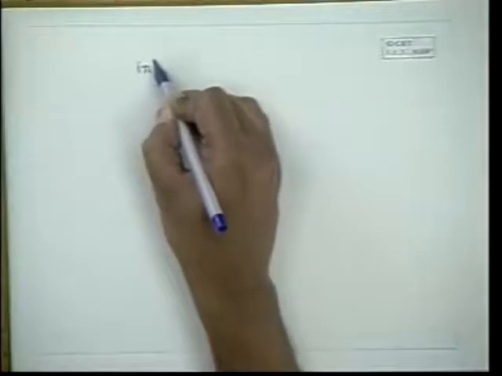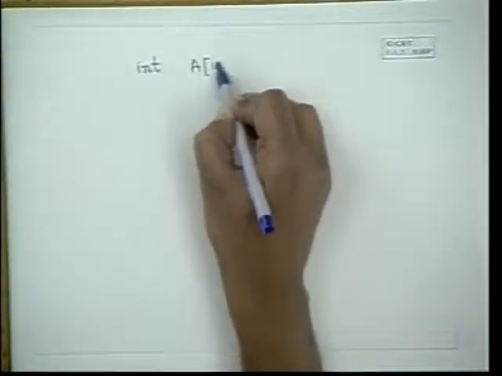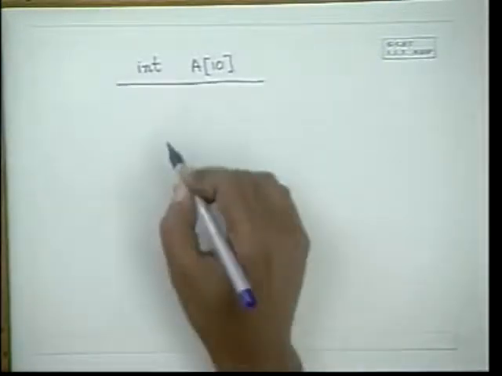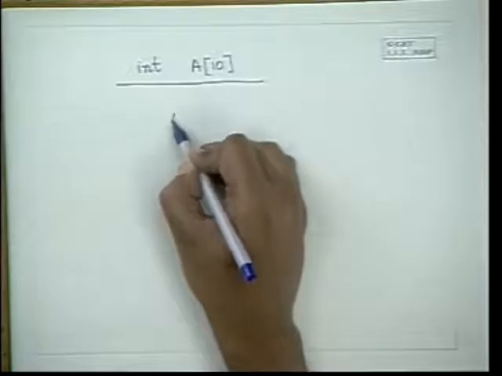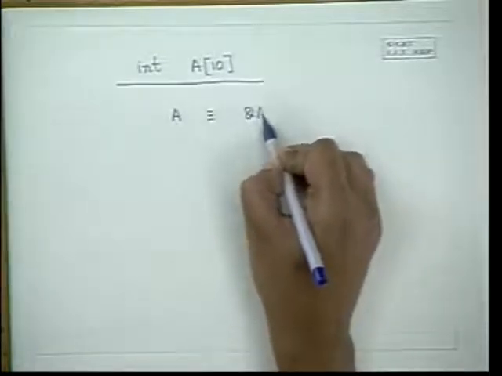Secondly, there is a content and the address location. Suppose I declare int A[10]. Then A is the same as &A[0].